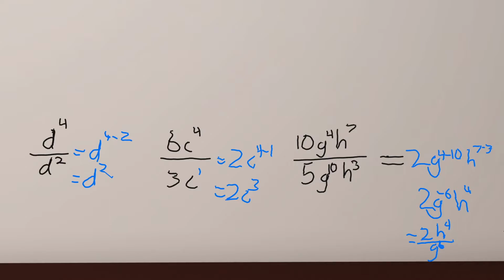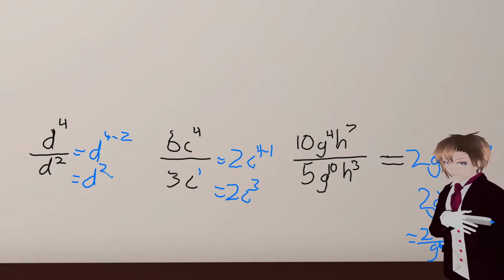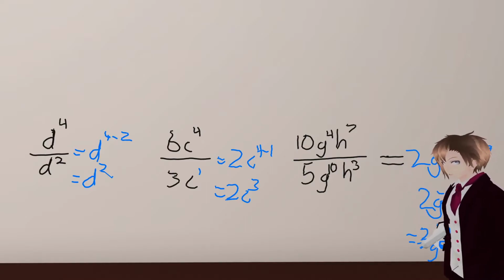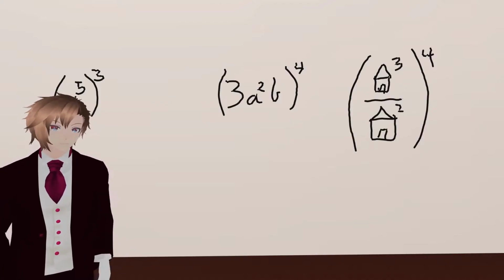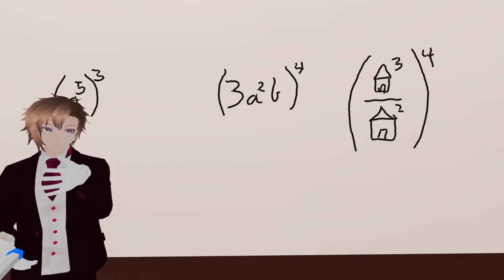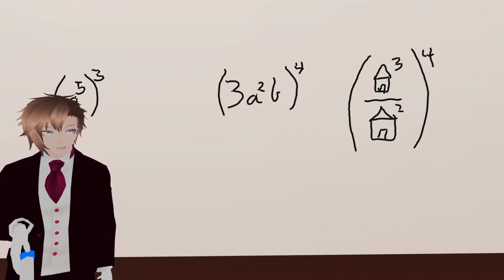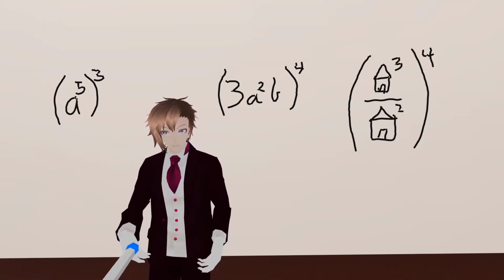So let's have a look at our third index law, which is powers of brackets. So let's have a look at our product index law, which is the law when we had brackets. We have here behind me a to the power of 5 to the power of 3.